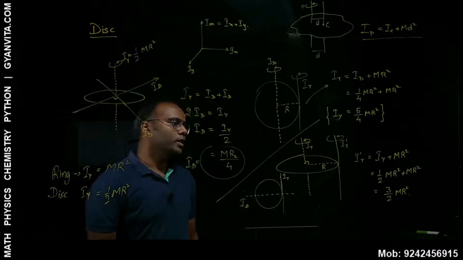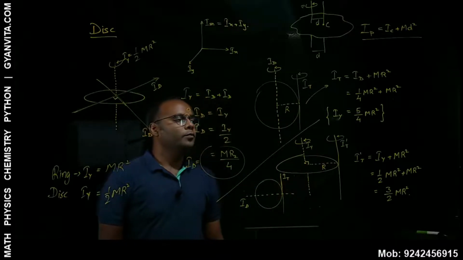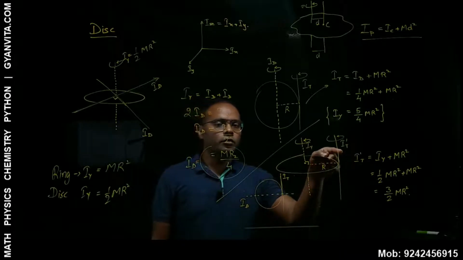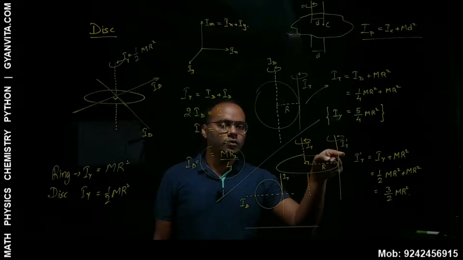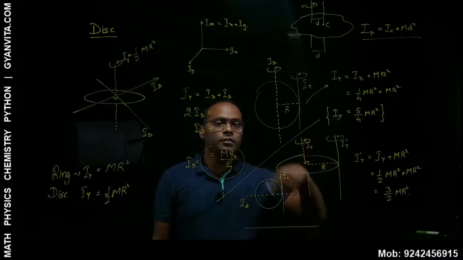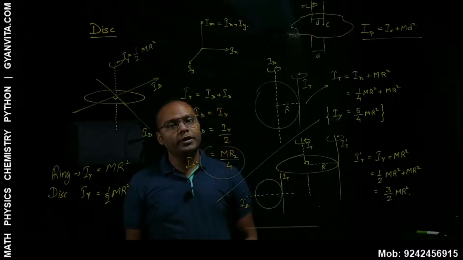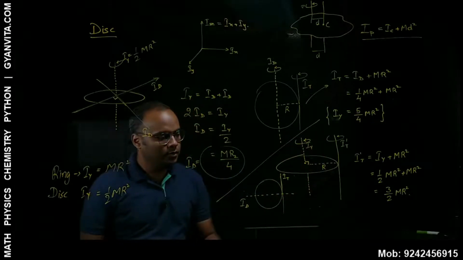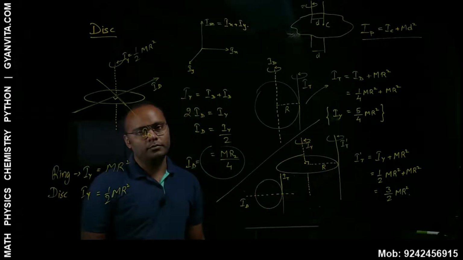We have used the parallel axis theorem to find the moment of inertia of this disk about the tangent which is perpendicular to the plane. Now we are finding the moment of inertia about the same axis but using a different theorem. So even that is possible.